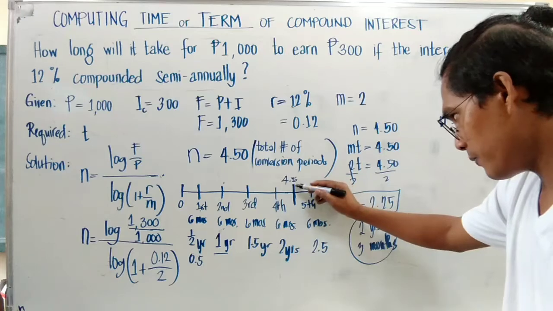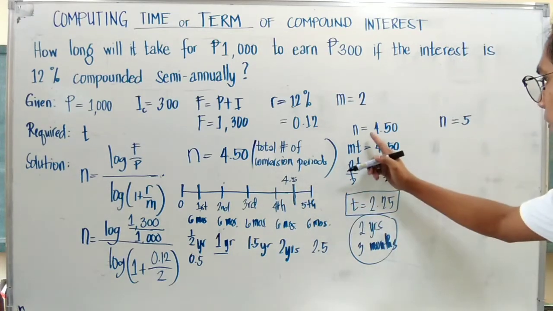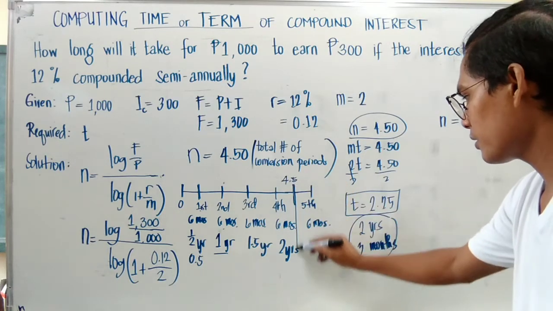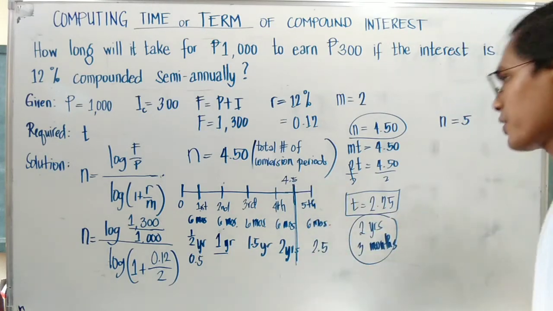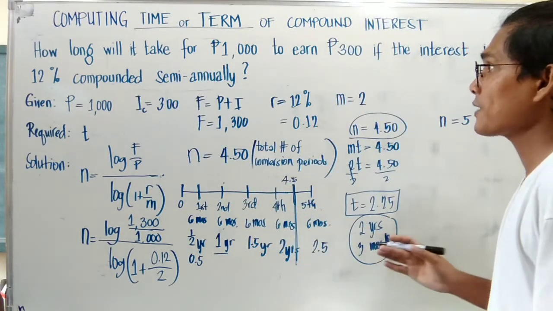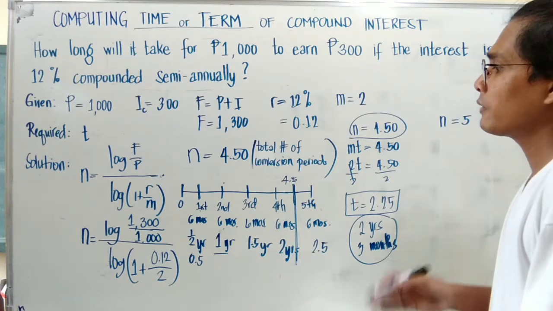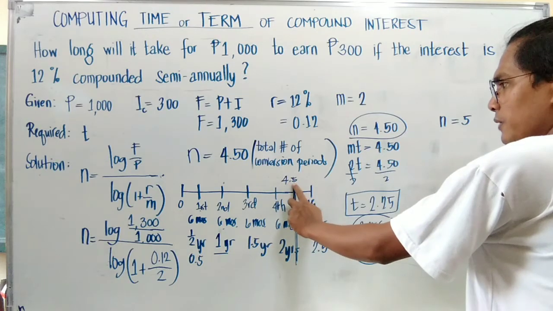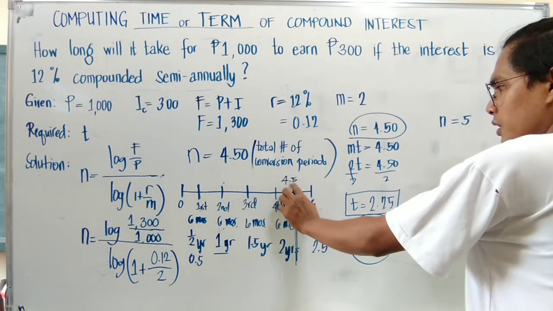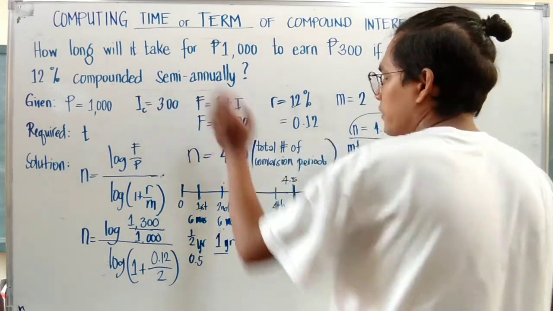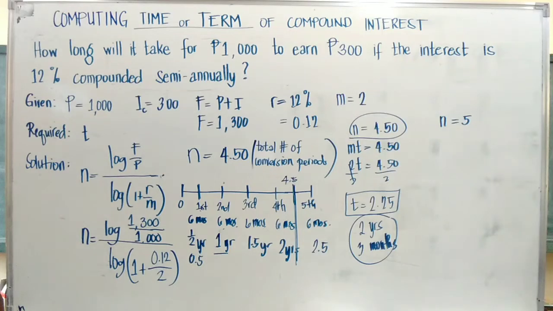Because if we use 4.5 as your N, it will not reach 300 pesos because the interest is compounded every 6 months. So at the period of 4.5 conversions, it will not reach the target interest of 300 pesos. So we will use N equal to 5.